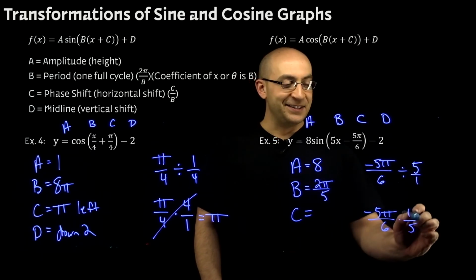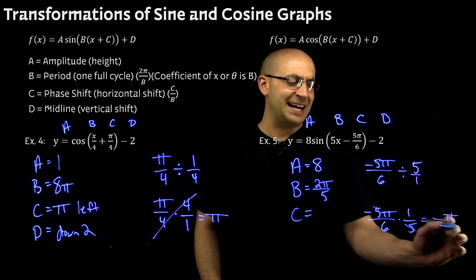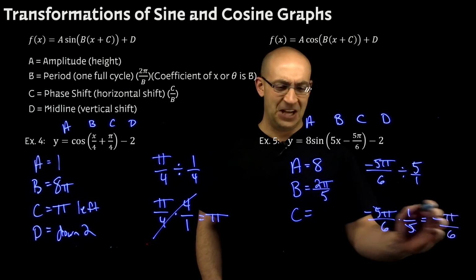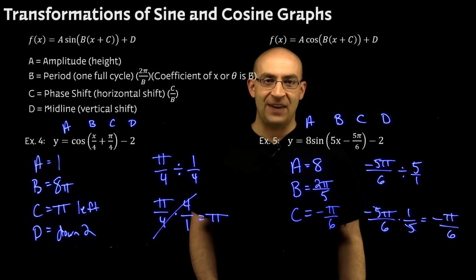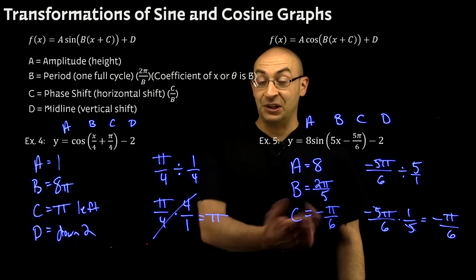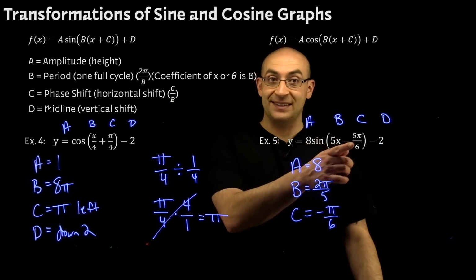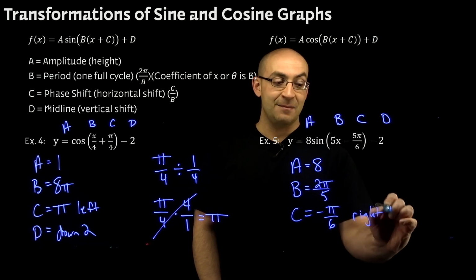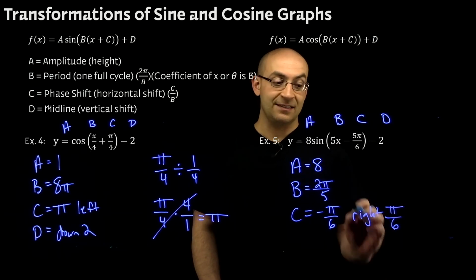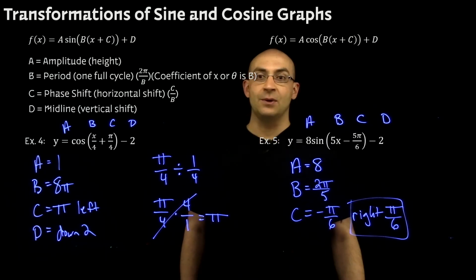If we cancel the 5's out, this is -pi over 6. Yuck. So we have a -pi over 6 as our phase shift. Now, there's a clear negative there, which means we have to do the opposite, because again, we're still in parentheses after I simplify that. This is right pi over 6 units. That's right pi over 6, because the negative would imply left, but we're actually going to the right.